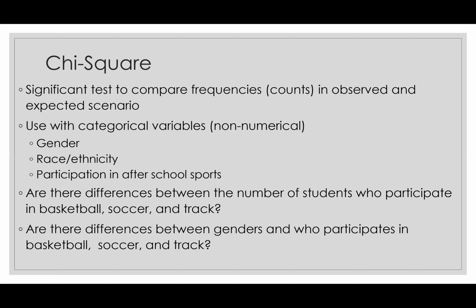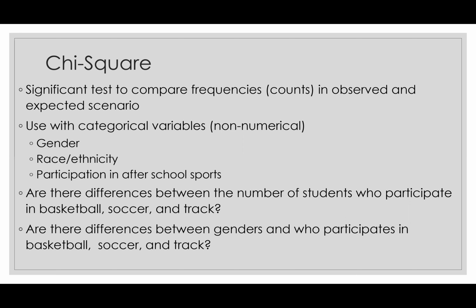Same with race, ethnicity, and using our after-school sports example as well, right? Did you participate in after-school sports? Yes or no? Which sport did you participate in? All of those are non-numerical variables. So here we can use chi-square to answer the question, are there differences between the number of students, again, those frequencies, who participate in basketball, soccer, and track?